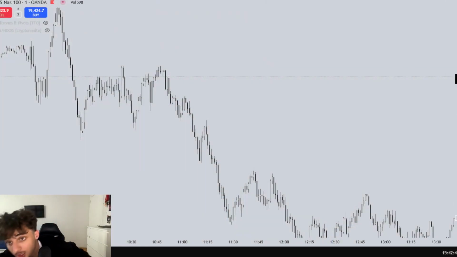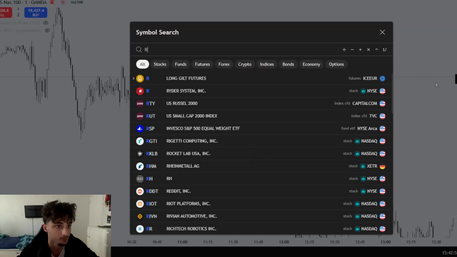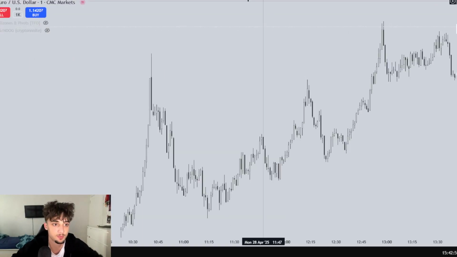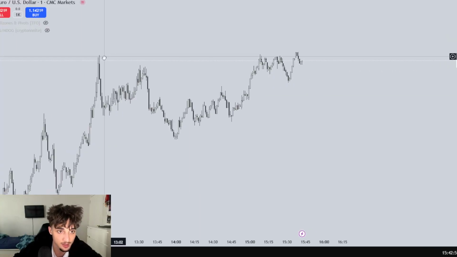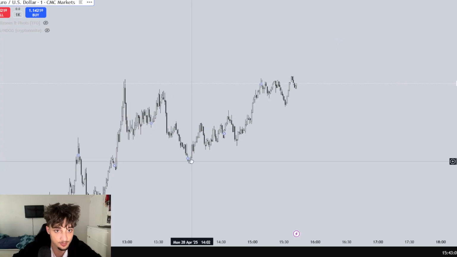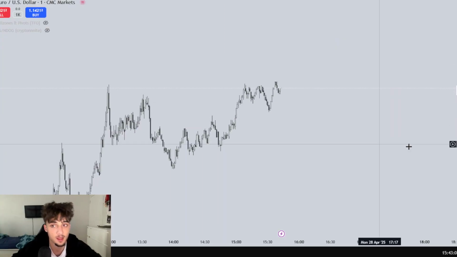So if you guys don't know anything about trading, I would start off with Forex. Specifically Euro USD. The reason why I would trade this is because it's not too volatile. It's still kind of predictable. You could trade something like this, right?